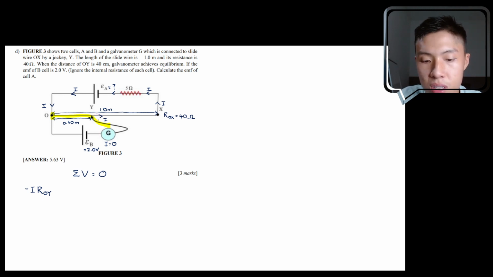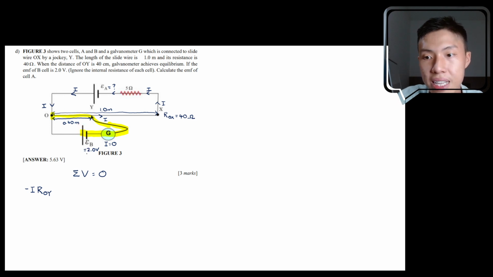Then if you continue your journey using a highlight pen, you'll pass through a galvanometer, but you assume it's an ideal galvanometer, so it doesn't affect your circuit. So the next thing that you pass through will be epsilon B. You pass through epsilon B going from the negative terminal to the positive terminal.